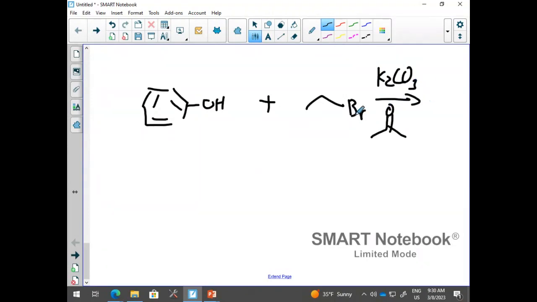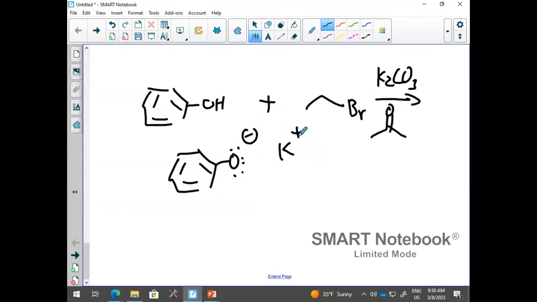When you start mixing those things, phenol, alkyl halide, potassium carbonate, acetone, and then you start to reflux it, you will see the reaction mixture a bit yellowish. The yellowish color is actually coming from the phenoxide, because the phenol reacts with potassium carbonate to give you a little bit of phenoxide.